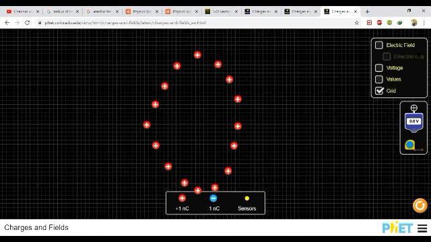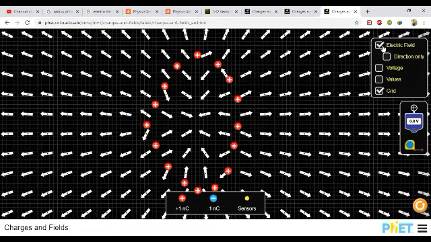You can see the field lines here. They are separating outwards, the outer ones are outwards, and here it is inwards, by just keeping the sensor at the middle. If you clearly observe, at the center we are getting a completely zero value. The electric field we are getting is how much, guys?